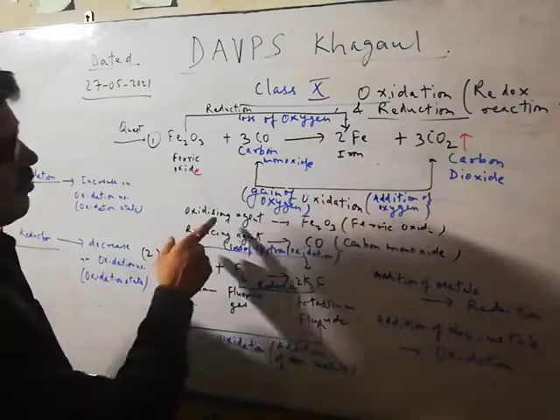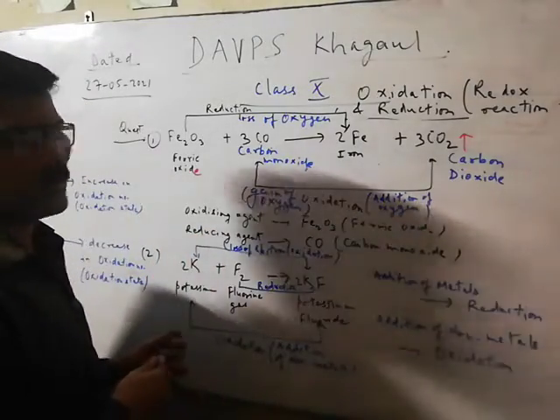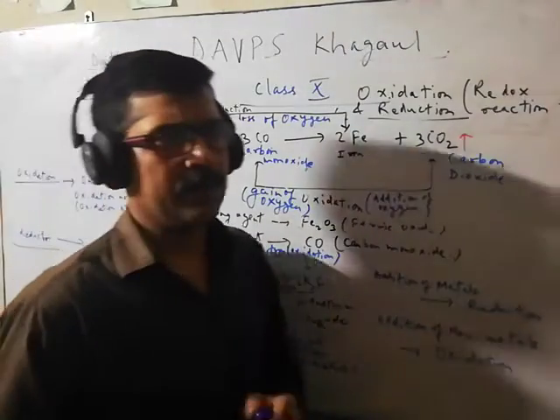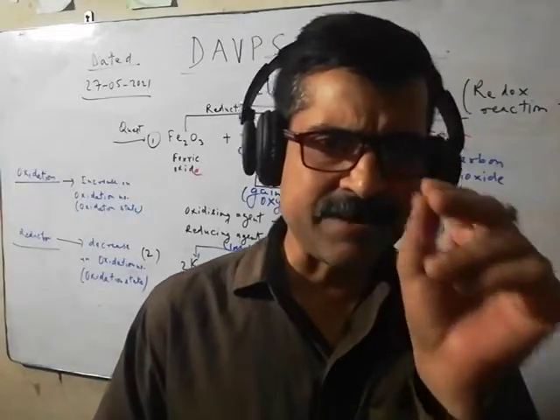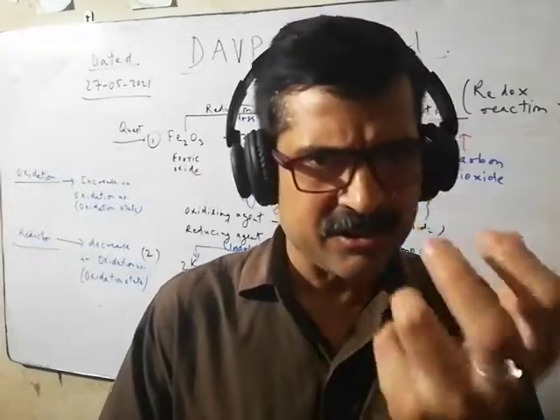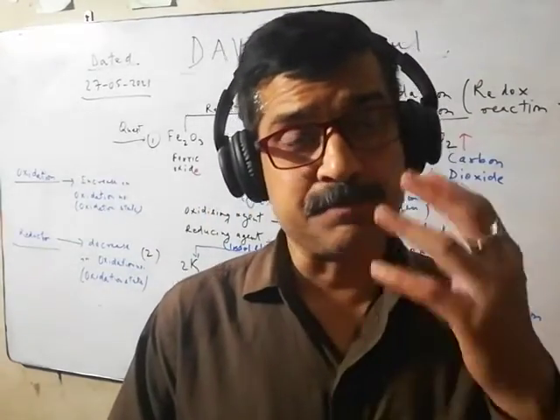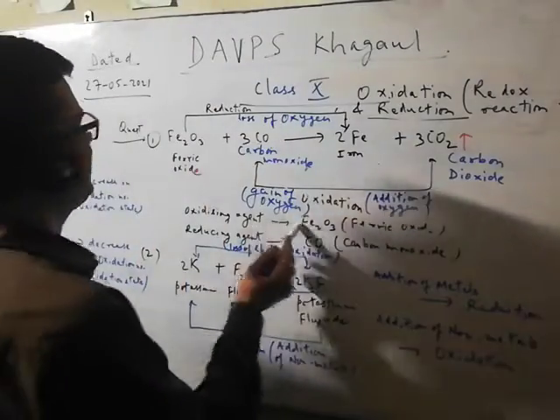Now we are talking about oxidizing agent and reducing agent. See here, what is the meaning of oxidizing agent? I said earlier that an oxidizing agent is that chemical compound, metal, non-metal, or any chemical reagent which is being reduced. So what is being reduced here?